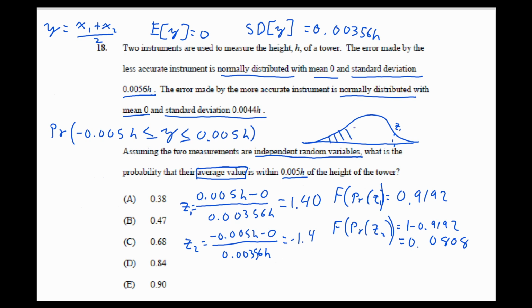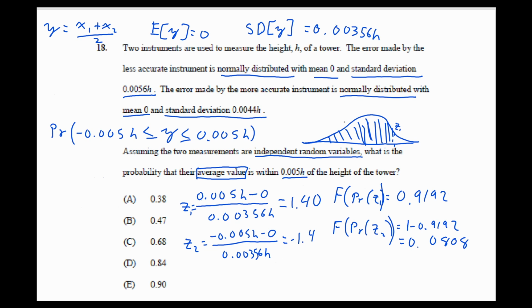The shaded area is everything within that CDF of Z1, so that's going to be 0.9192, most of the probability. Anything below that is within the realm of that probability.